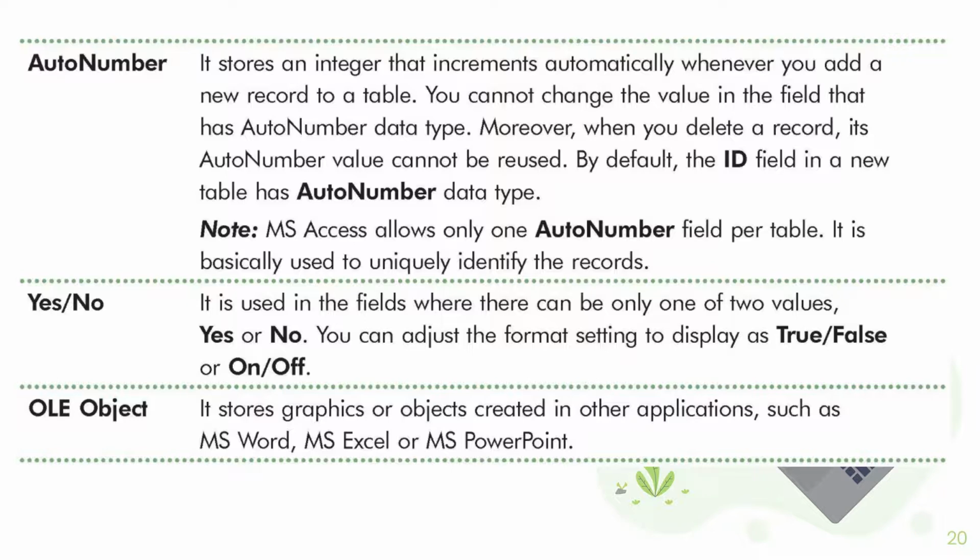Next, yes or no. It is used in the fields where there can be only one or two values, yes or no. You can adjust the format setting to display as true or false or on or off. OLE object. It stores graphics or objects created in other applications such as MS Word, MS Excel, or MS PowerPoint.